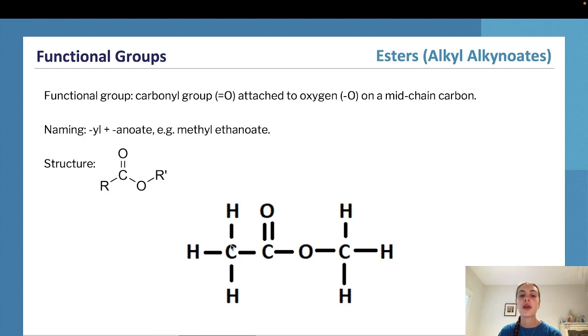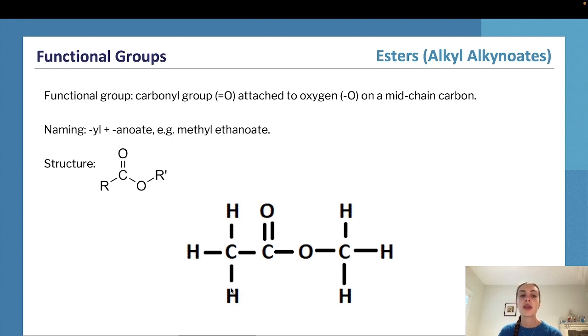So we can see we've got one carbon here, so 1, 2 carbons, that being an ethane chain, but then this one's got a double bonded oxygen and then the single bonded oxygen in the middle of the chain. So this part is the end of the name, the ethanoate part, and then this part over here, which doesn't have the carbonyl group, is just connected by the single bonded oxygen to the rest of the chain, is what is the methyl part of that group. So that's why it's named methyl ethanoate.